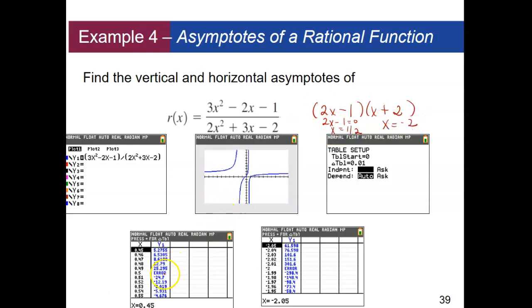So those are going to be the places when I look at my table that I'm going to have an error message. So here's 0.5, and here is -2.